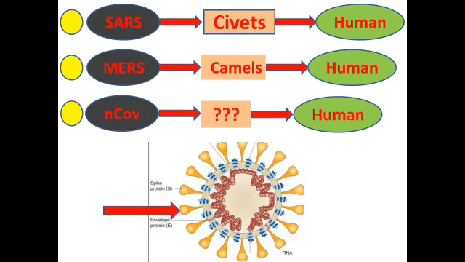Scientists have found this glycoprotein is similar to the glycoprotein of viruses that infect bats, so they thought bats were the reason for transmitting coronavirus to humans. They also found the RNA of the virus is similar to the RNA of viruses that infect snakes. So scientists and doctors believed that snakes were the other cause of transmitting the virus to humans.